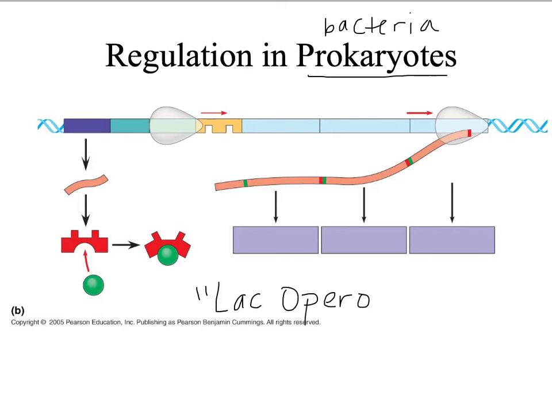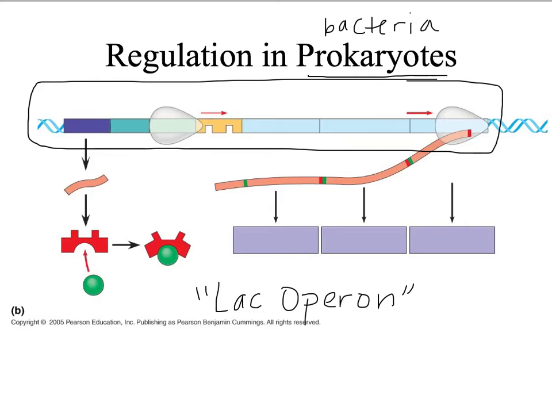And why it's called that will hopefully become clear in a little bit. So we're going to look at how a bacteria regulates some of its genes, so turns them on and off, in this area of the genome, of the DNA, called the lac operon. So this whole stretch of DNA here is the lac operon.